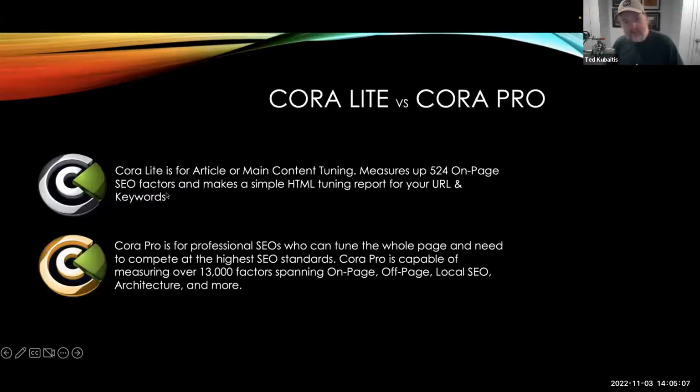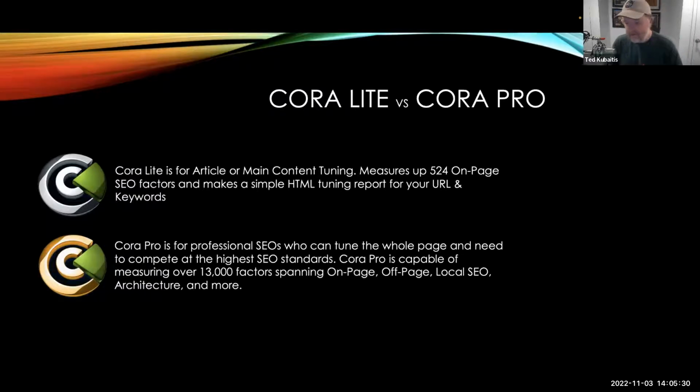A lot of people will note that there's Cora Lite and Cora Pro, and they want to know which one is right for me. Well, Cora Lite is for tuning main content. So if the only SEO you're going to do is in the article you're writing, and you're not going to tune any other parts of the page, then Cora Lite is what you want.